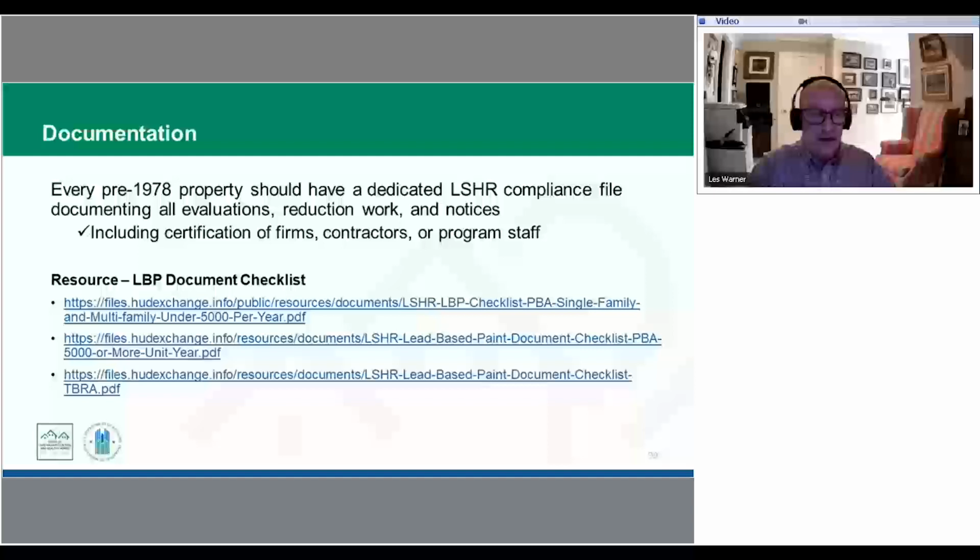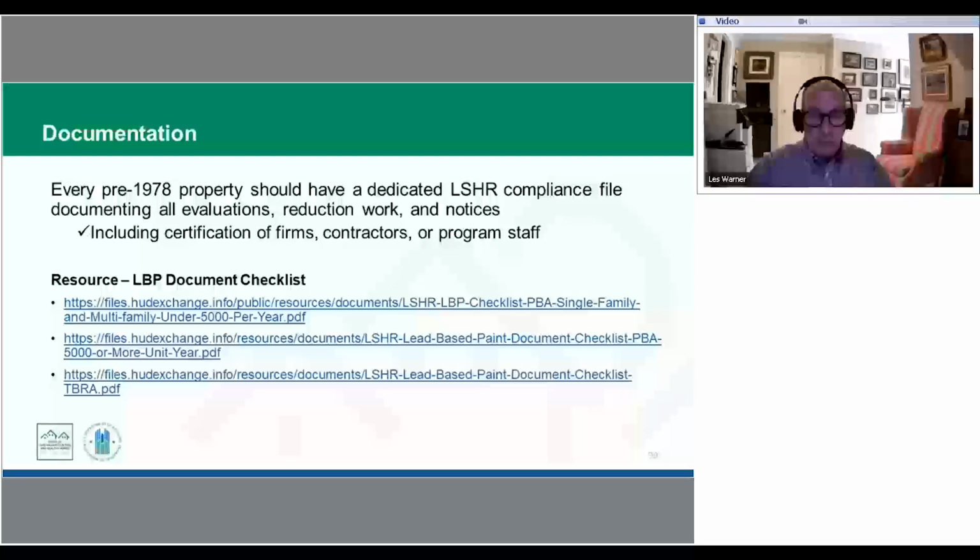So have some verification standard for how you determine whether a property is pre- or post-1978. We've also been talking about having appropriate certifications in place, and being able to document in the Lead Safe Housing Rule compliance file each of these key steps, to make sure that we've collected the appropriate documentation.